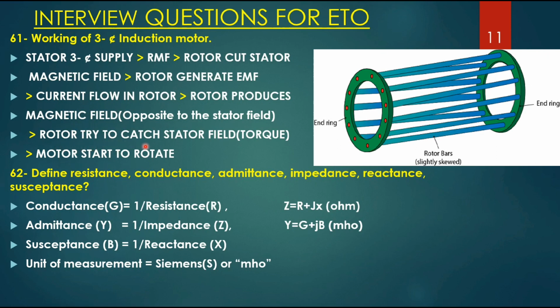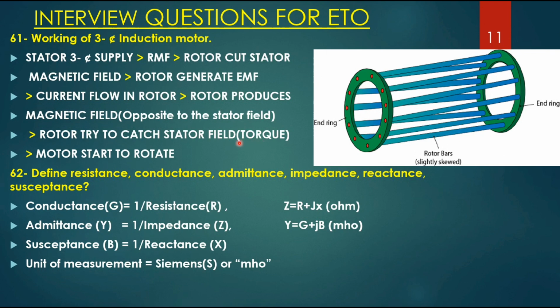So the rotor tries to catch the stator field. According to Lenz's law, the magnetic field in the rotor is produced by the RMF, that is the stator rotating magnetic field, so the rotor tries to catch up and oppose the EMF produced.